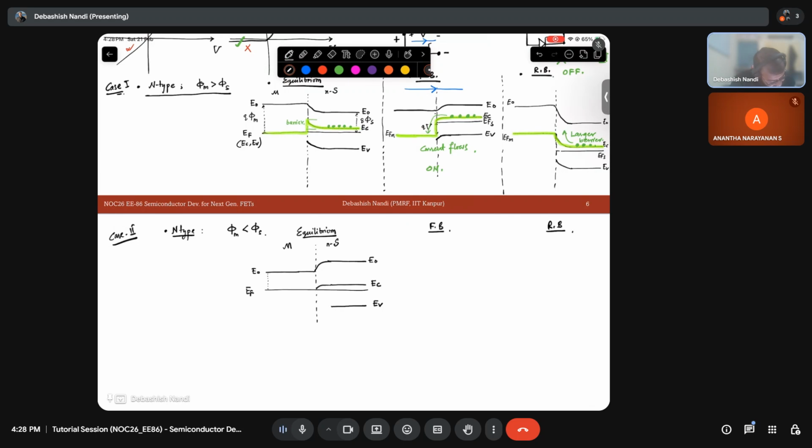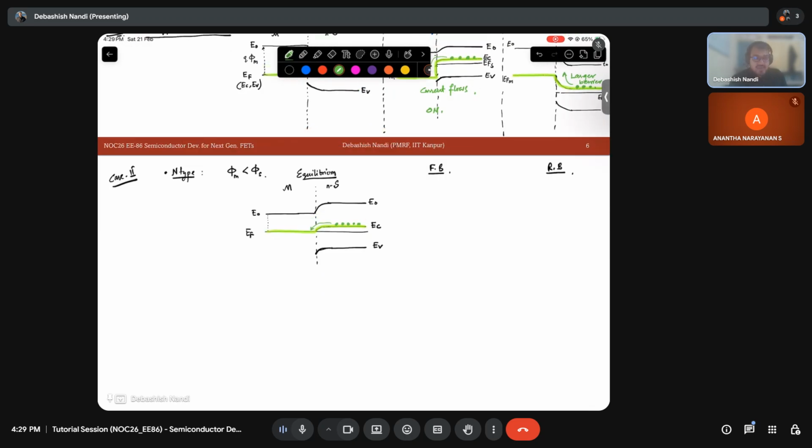So by default it is like this at equilibrium. And the N-type conduction band is something like this. So you can see that by default your electrons can come to the metal. So no barrier it is seeing, or the barrier it is seeing is very minuscule, of the order of the thermal energy of the electrons.